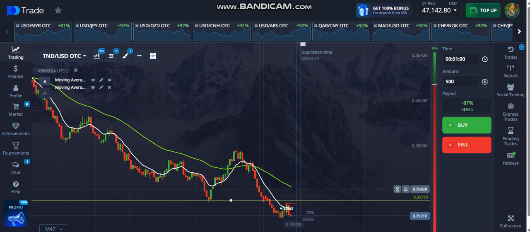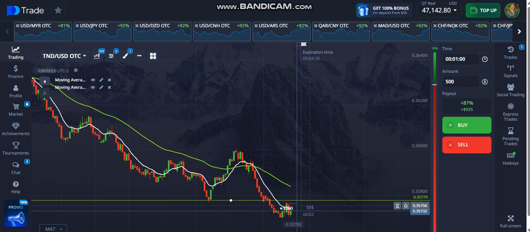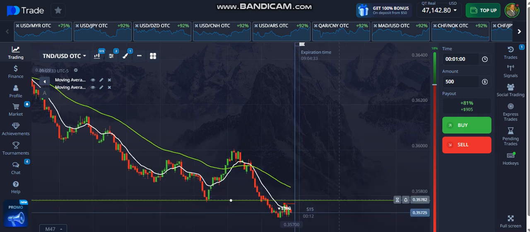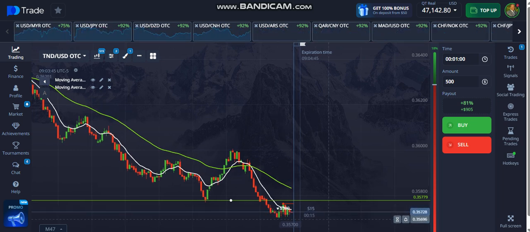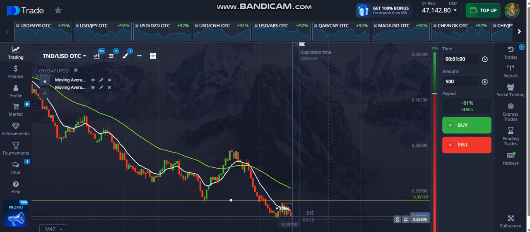Secondly, I noticed the price broke that previous level of support here, which is denoted by the green line that I have here. And so I waited for the retracement of the price back to the 10 EMA line and took a sell trade. All right, so let's watch the trade here.